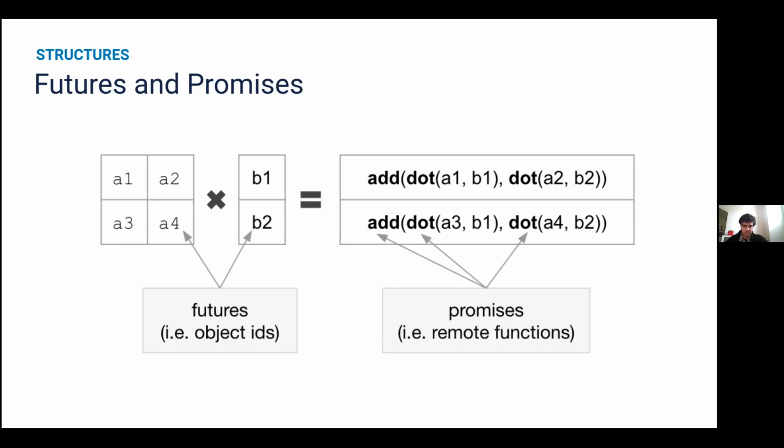We've done some PL work to ensure the correctness of this composition. This final add function will return an object reference, and you can later use something like ray.get to obtain the value. But we have high-level APIs to make this easier with NumS.